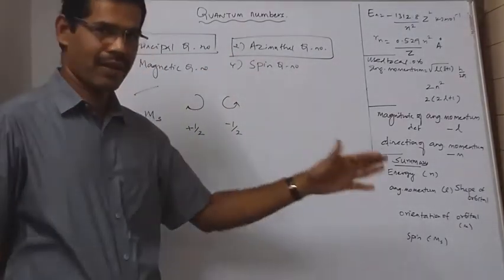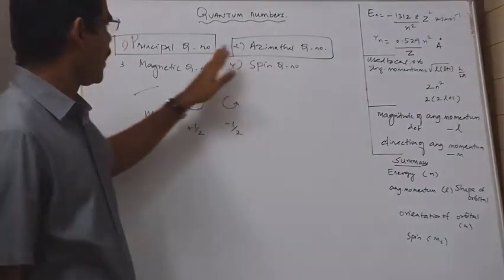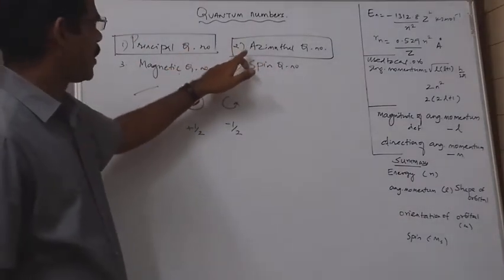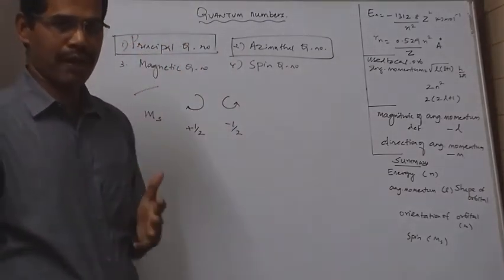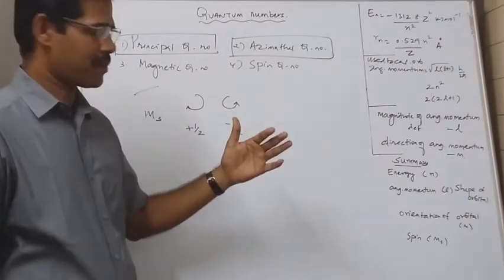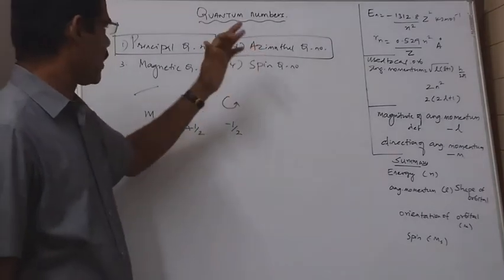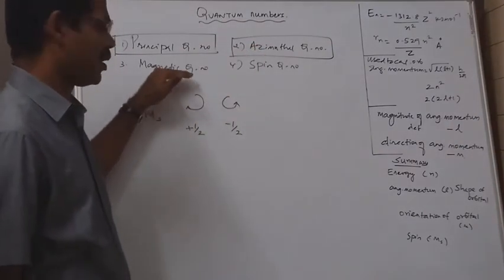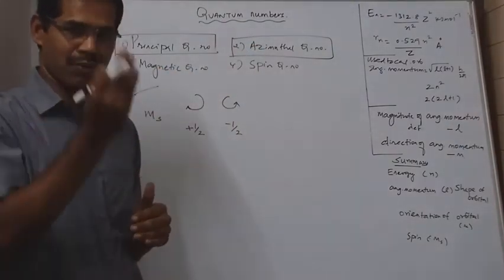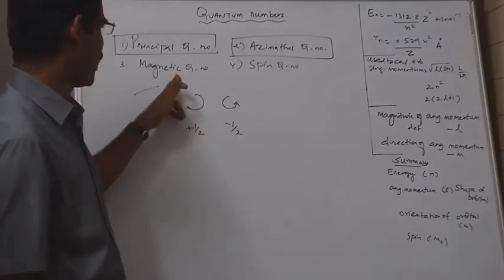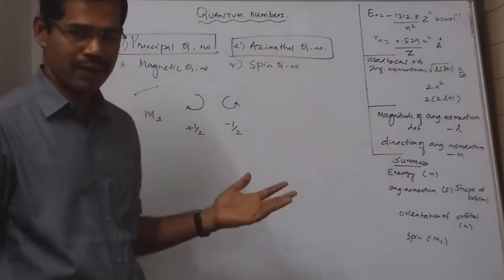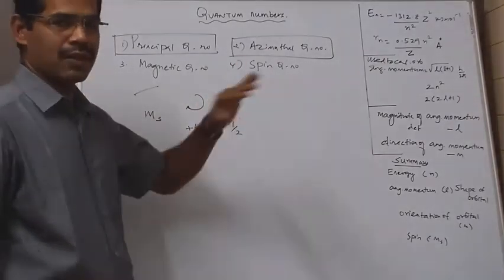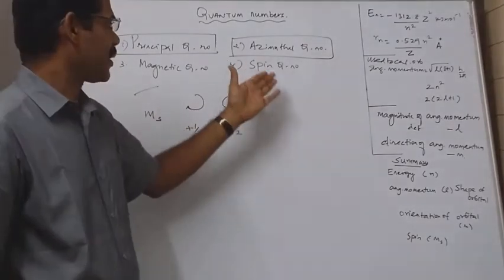The azimuthal quantum number provides the shape of the orbital and also the subshell. Then the orientation of the orbital, that is, in which direction that orbital is oriented, is provided by the magnetic quantum number. And the spin of the electron, whether clockwise or anti-clockwise, is provided by the spin quantum number.